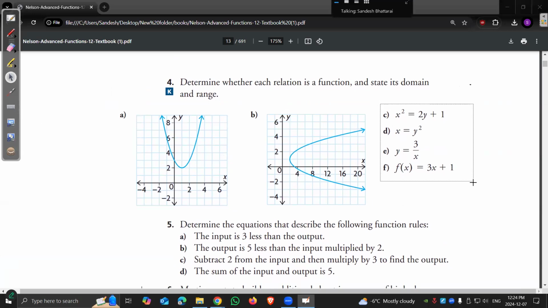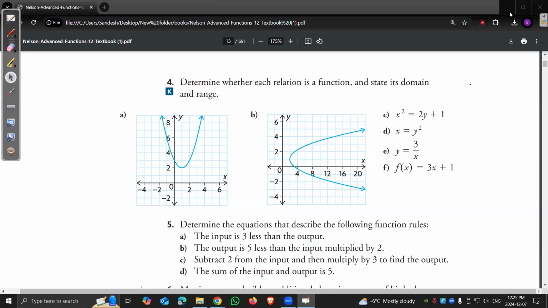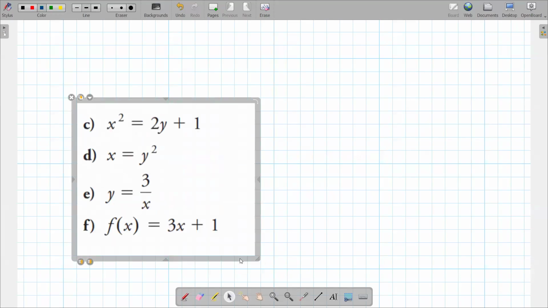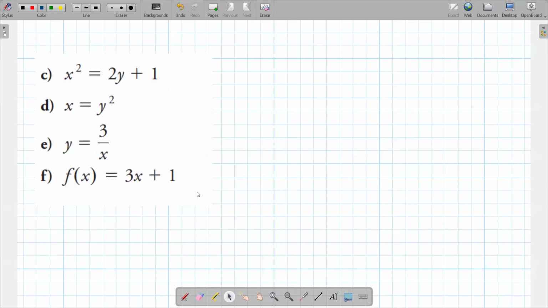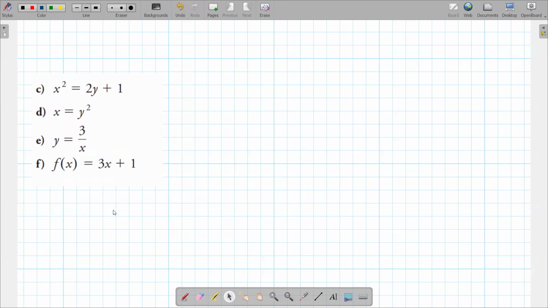Let's look at these other guys. So what does it say? It says determine whether or not it's a function and then find its domain and range. All right, cool. Let's look at C. Is C a function? Yes. How do you know?